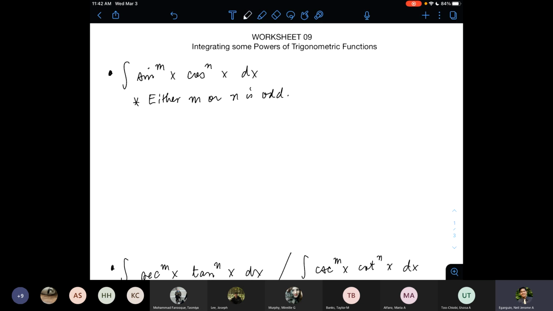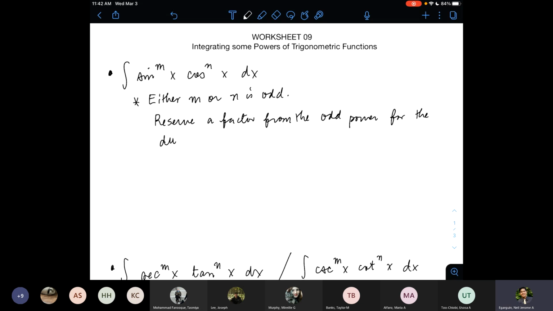So if you see that you have a product of powers of sines and cosines, and one of them happens to be odd, what you'll do is reserve a factor from the odd power, and you reserve it for the du.